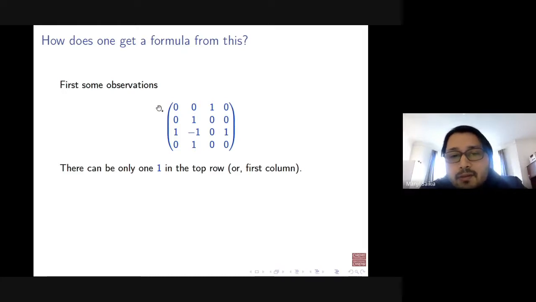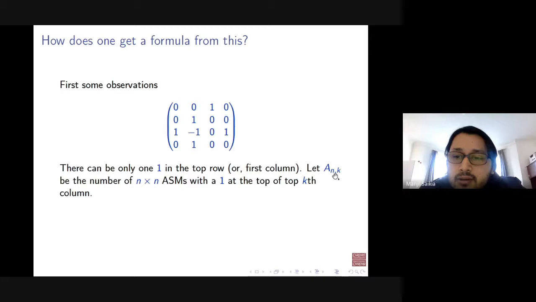And as I said, because of the symmetry of the square, you cannot have this in the first column, the last column, and the last row as well. So this is the crucial observation that there is only one non-zero entry in the last row, and the first and the last column, and that non-zero entry has to be 1.